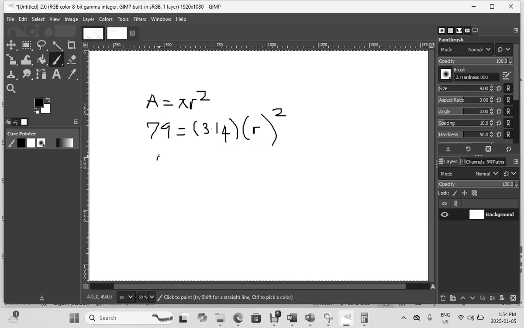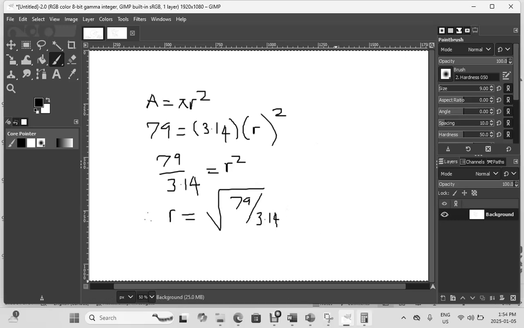Which means 79 divided by 3.14 equals radius squared. Therefore, r equals the square root of 79 divided by 3.14.